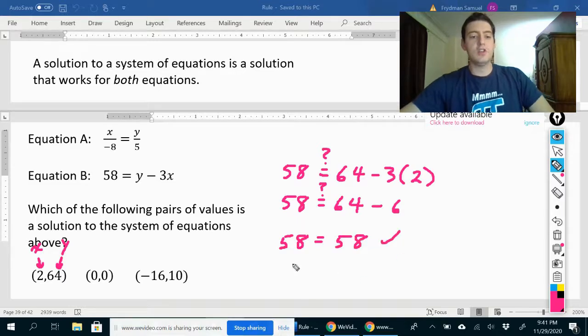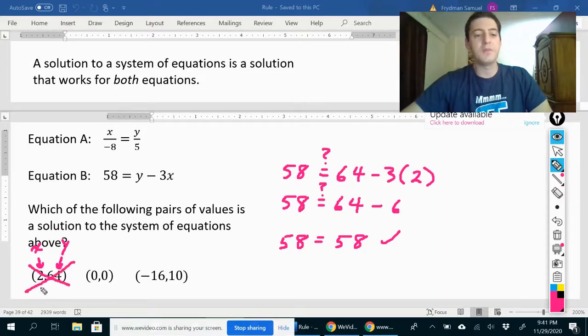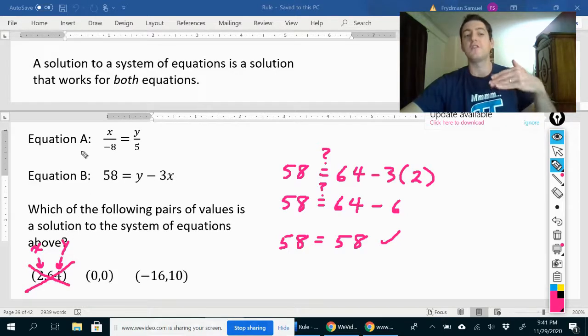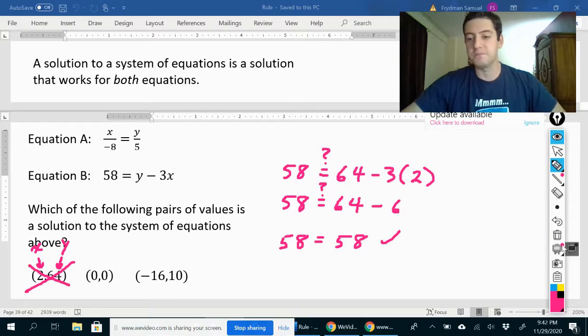Yes, that's good. So this is a solution to equation B, but it is not a solution to equation A, and therefore it is not a solution to the system of equations. So I'll cross that out, even though it does make both sides of equation B equal to each other. It has to work for both of the equations, not just one of them.